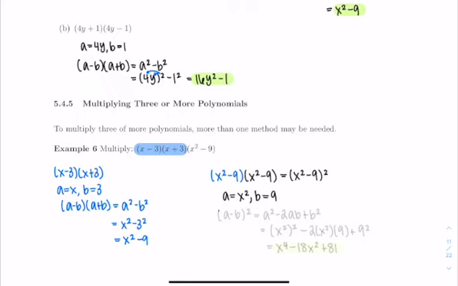And so when I have (a minus b) squared, that gives me a squared minus 2ab plus b squared. Well, a is going to be (x squared) squared minus 2 times x squared times 9 plus 9 squared. We're going to multiply our exponents together and we get x to the 4th. We have 2 times 9, which gives me negative 18x squared in the middle, and 9 squared gives me 81.